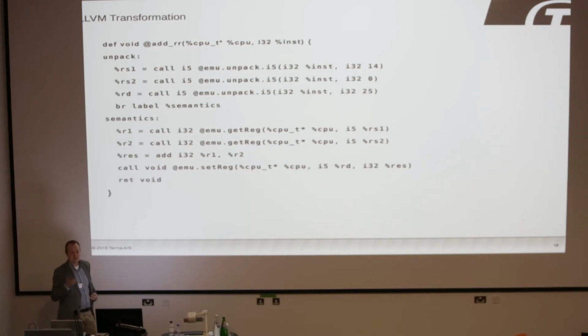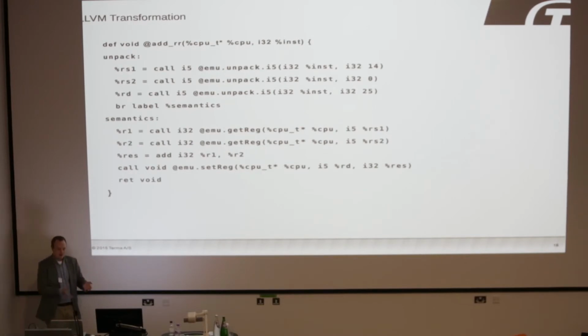You can in certain cases, but in principle it's impractical. So you get the register identifiers, and then we have the instruction semantics: we load the registers, we add the registers together, and then we store the result in the machine state object, and then we're done with this function.